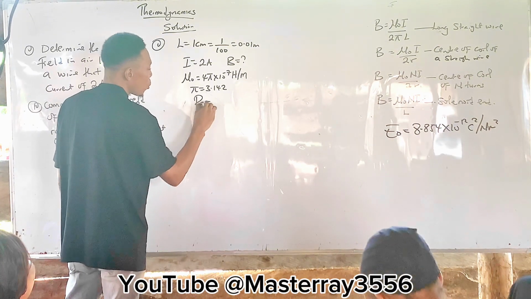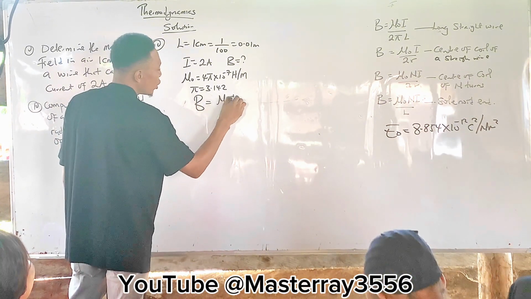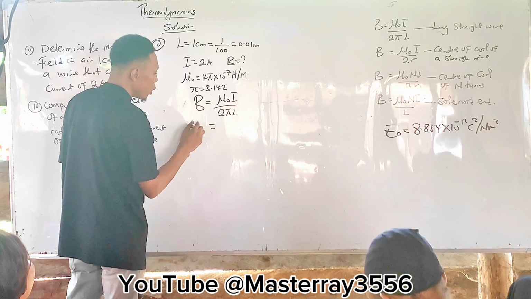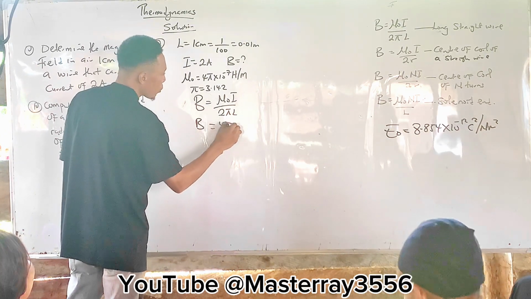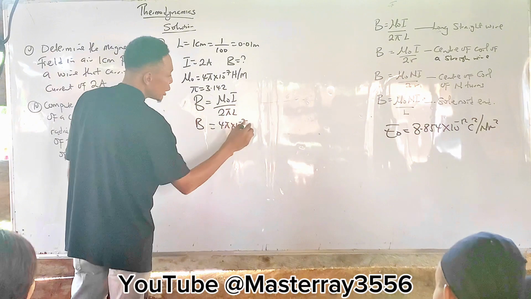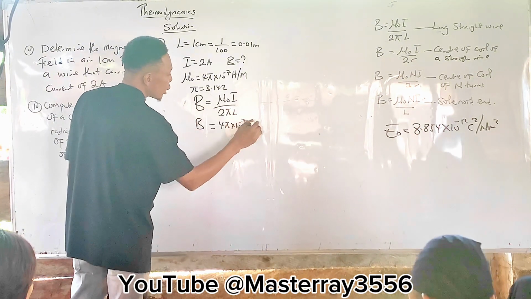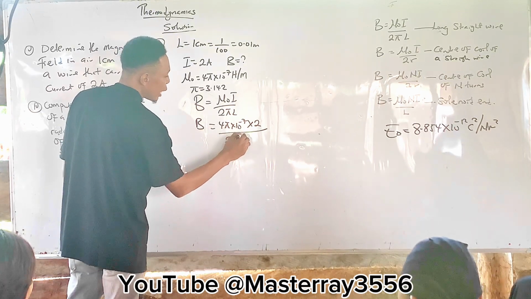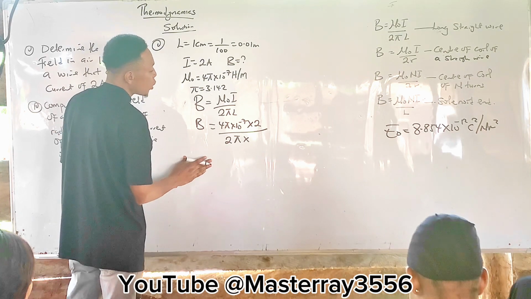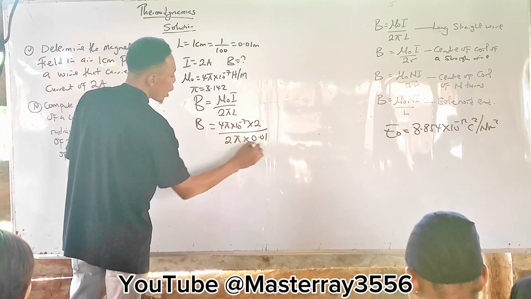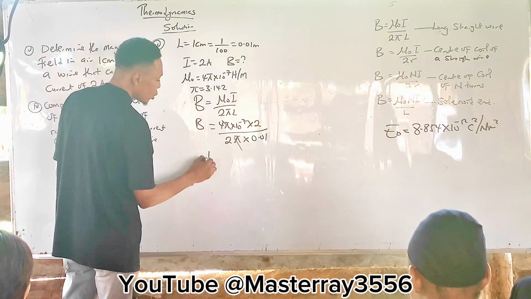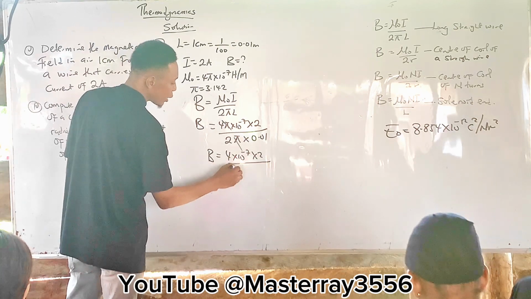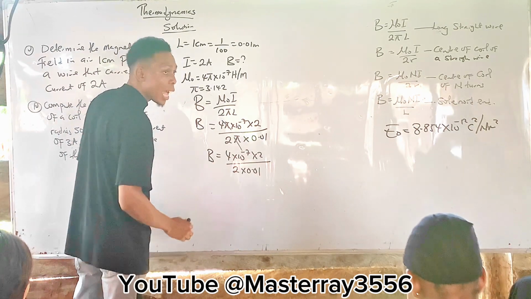So we have B equals mu naught I over 2 pi L. So from there, 4 pi times 10 raised to power minus 7, times our current, which is 2, all over 2 pi times the length, 0.01. So pi can cancel pi. So our B will be equal to 4 times 10 to the power minus 7 times 2 over 2 times 0.01. Are you following?